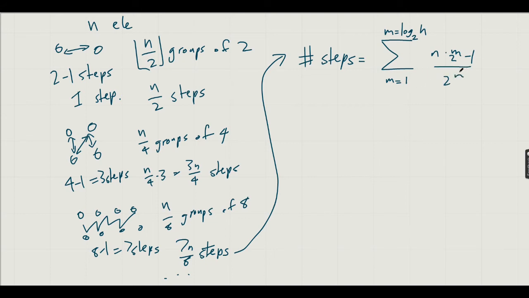And if you see how this works, it would be essentially n over 2 plus 3n over 4 plus 7n over 8. So this formula actually fits it.